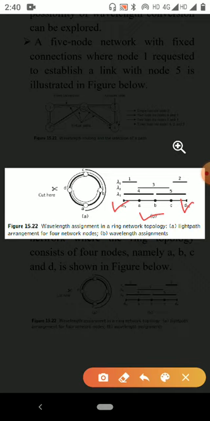For example, wavelength lambda 1 establishes two light paths, one each between node A to node DTX and C to DRX. The third light path connecting node A to C via node B utilizes wavelength lambda 2.